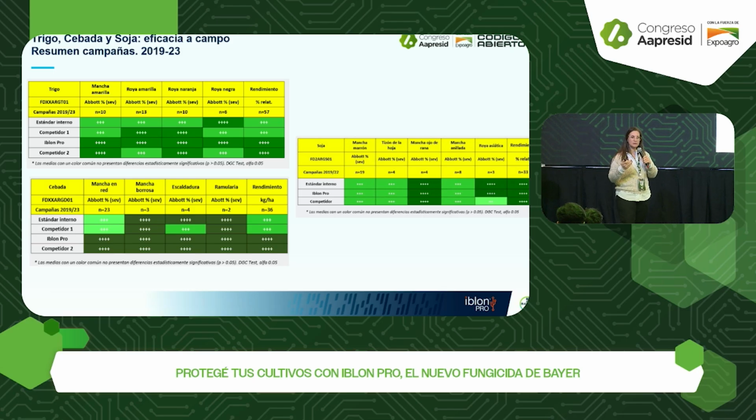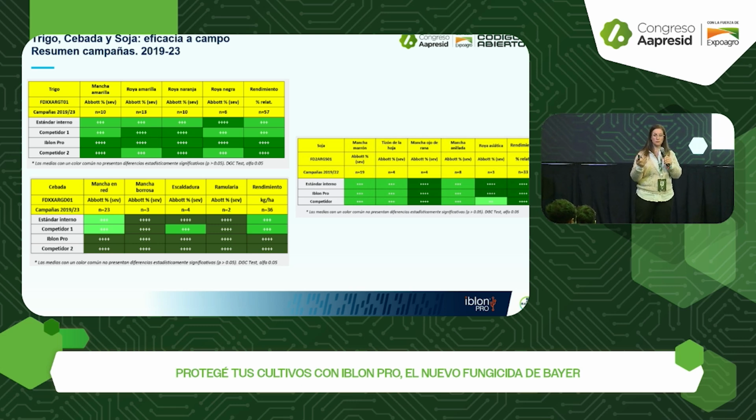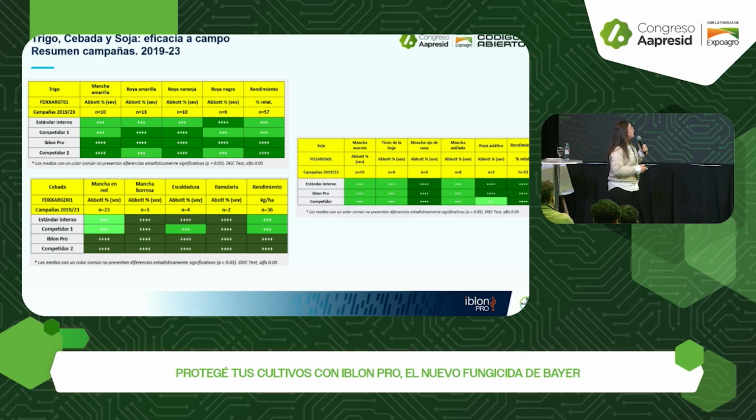And as time goes by and as we meet different internal standards and as Iblon Pro makes progress, we organize a program so as to offer a management program. This happens during the last 2 years of product development.